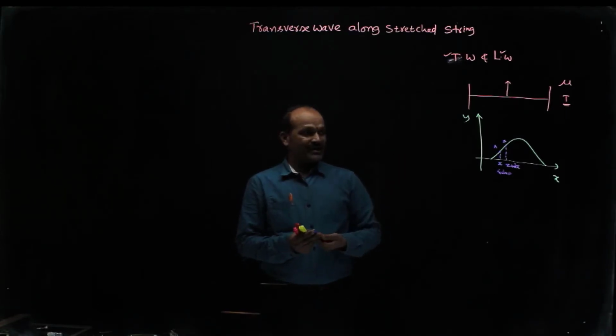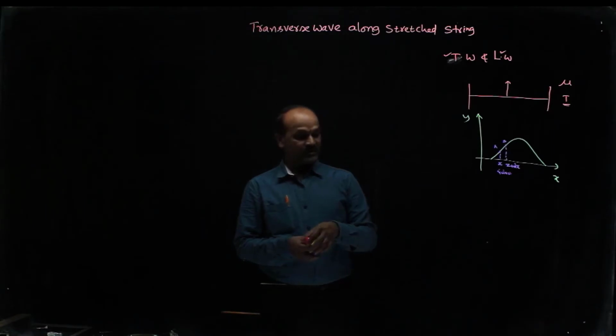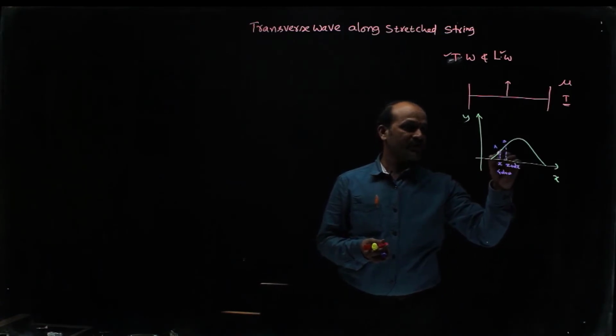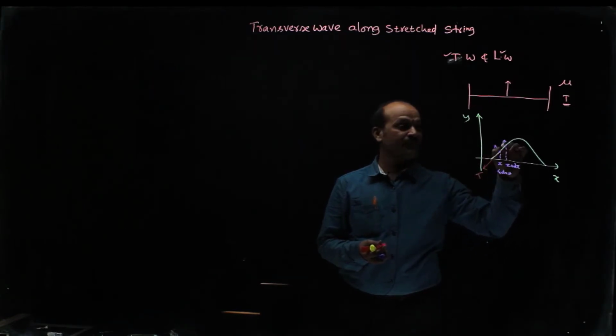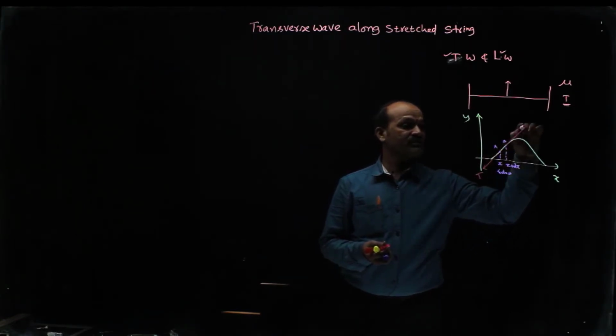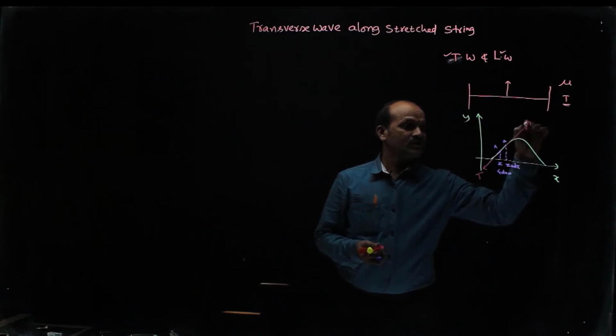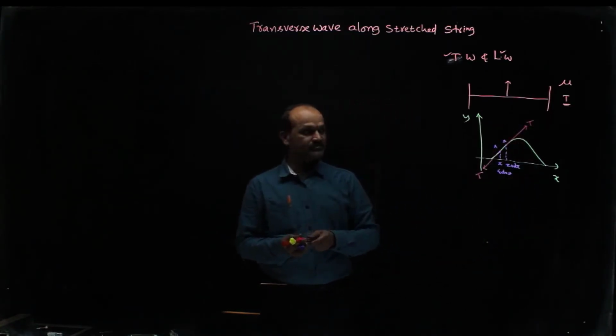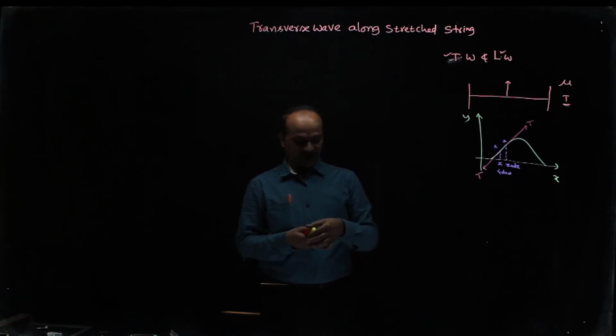So, at A and at B, we will see how tension acts. Draw a tangent at A. Okay, this gives the direction of the tension at A, and draw a tangent at B. This gives the tension in the string at point B. Let us resolve that into components.